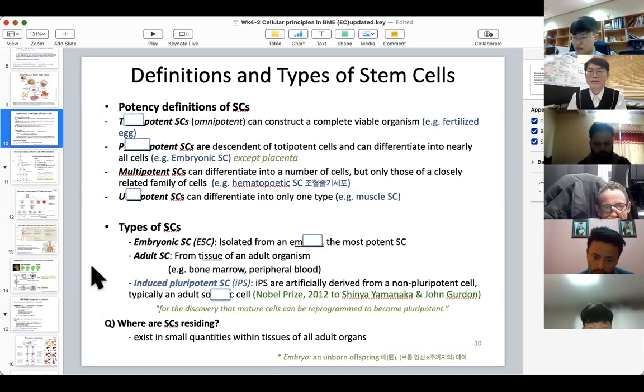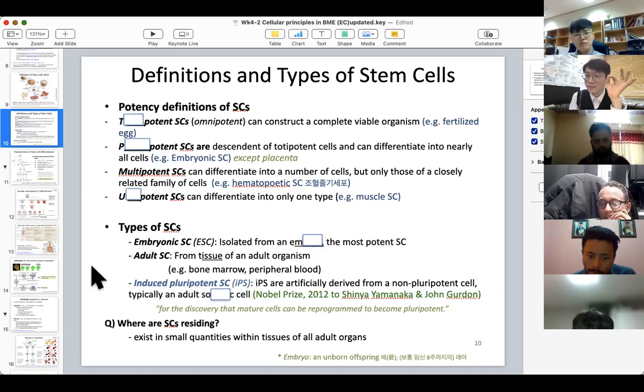Then you can ask, I got an injury in my skin. The skin has epidermis and dermis, and you know that depending on how shallow or deep your injury is, it becomes a scar or no scar. When you've got a deep cut that goes deeper than the epidermis, you get a scar and it may not regenerate well.